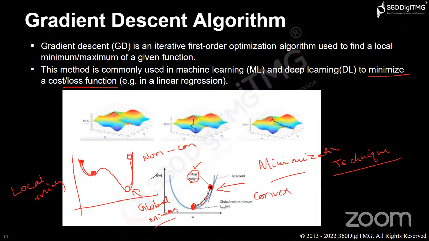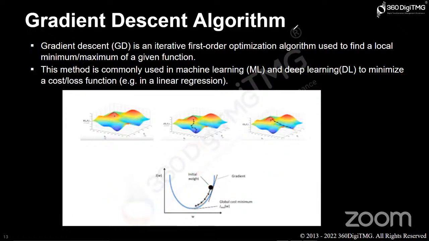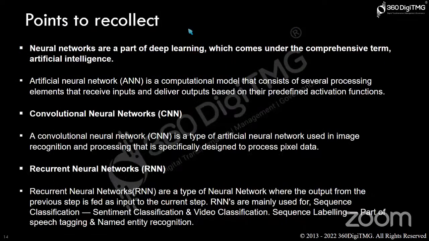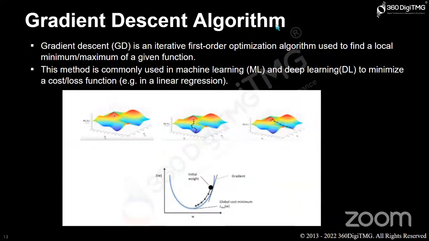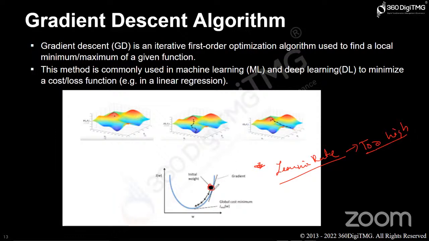Now there are a few problems with the gradient descent algorithm also. If you set the learning rate too high, the learning rate is how fast this moves.